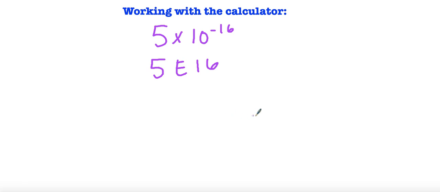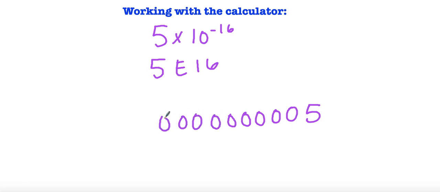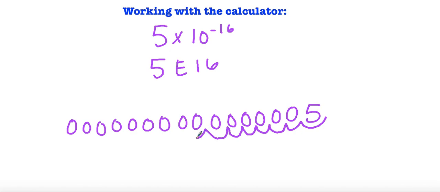So these two are equivalent. And the way we would do that is we have 5, and we're going to go back 16 times. So 1, 2, 3, 4, 5, 6, 7, 8, 9, 10, 11, 12, 13, 14, 15, 16.